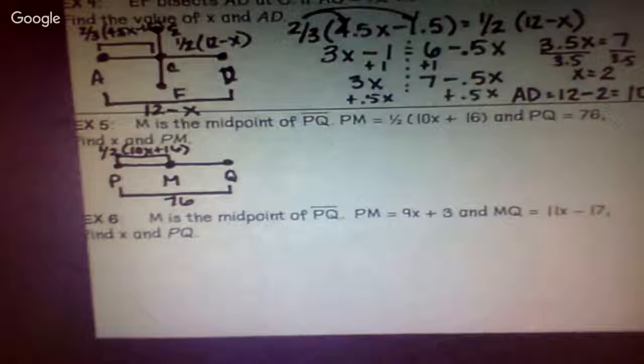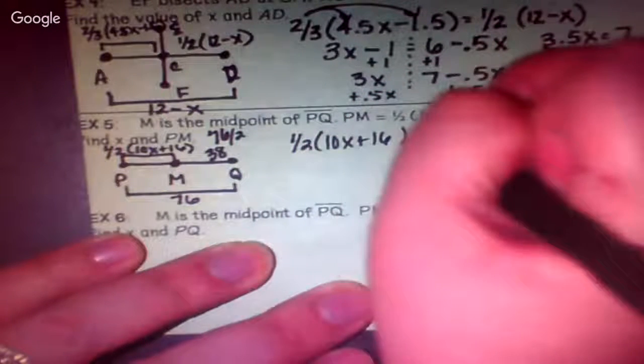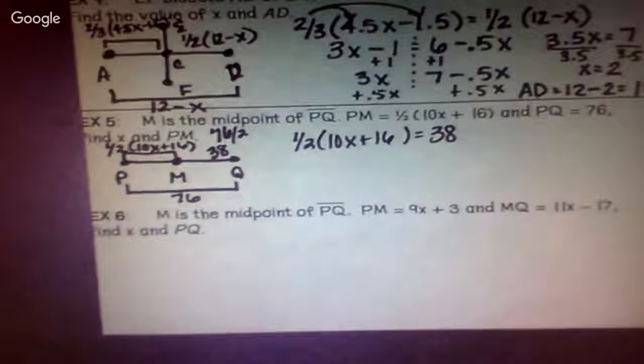How'd you get that? I divided 76 by 2. Okay, good. That means MQ is half of this. Well, if you take 76 and divide it by 2, that means MQ is 38. Which means PM, which is 1/2 times 10x plus 16, should equal 38. It should equal half of the whole.